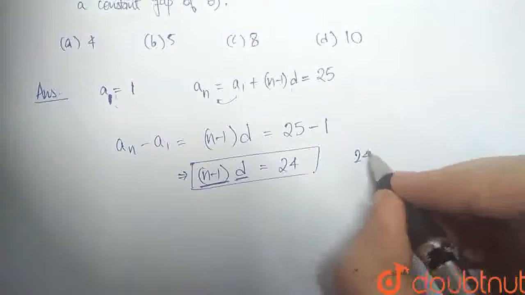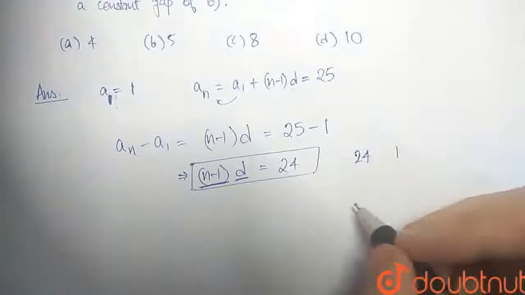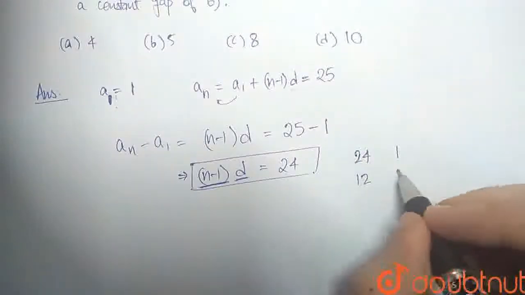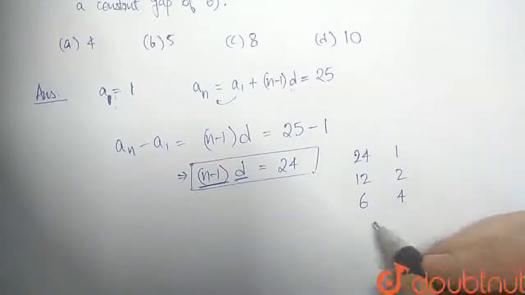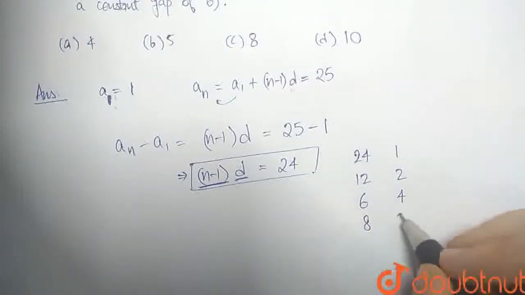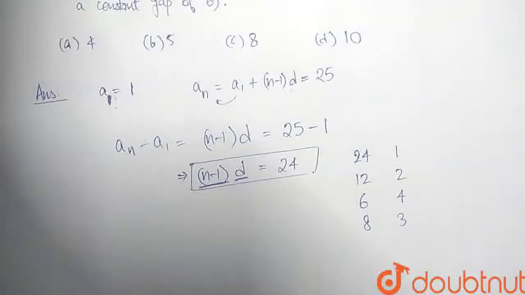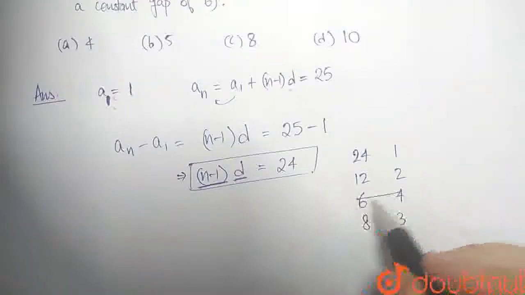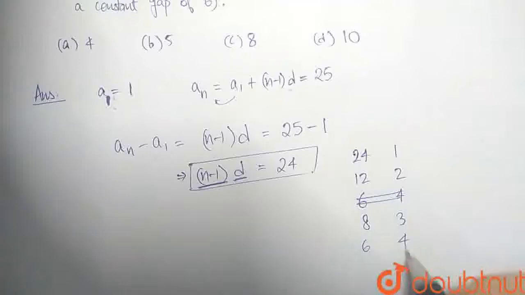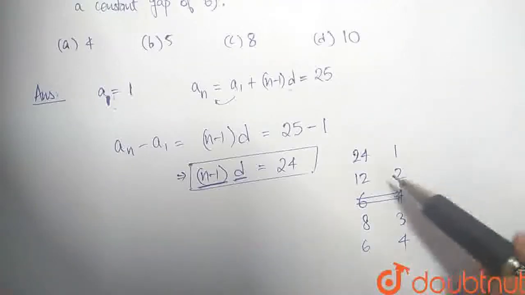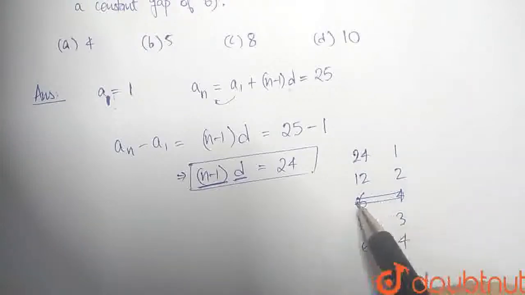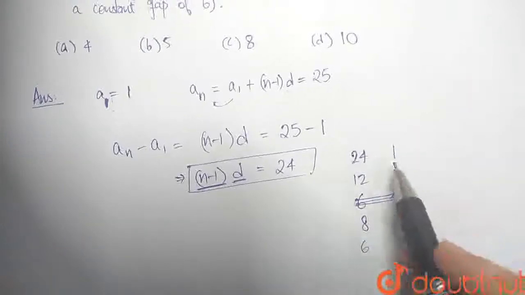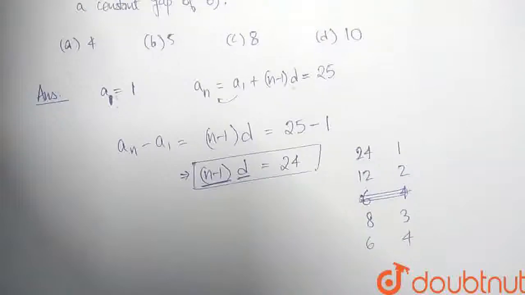We have 24 times 1 is 24, 12 times 2 is 24, 8 times 3 is 24, and 6 times 4 is 24. So these are the 8 factors of the number 24.